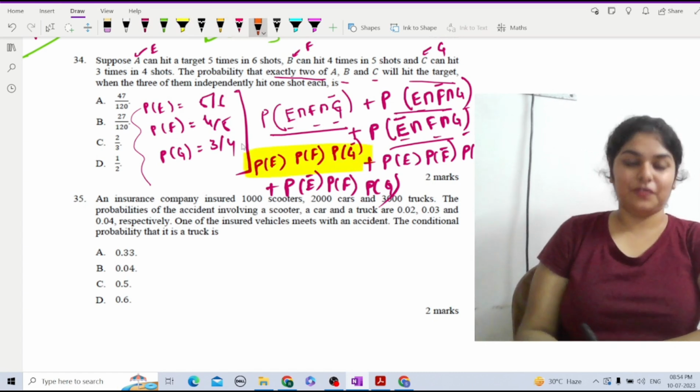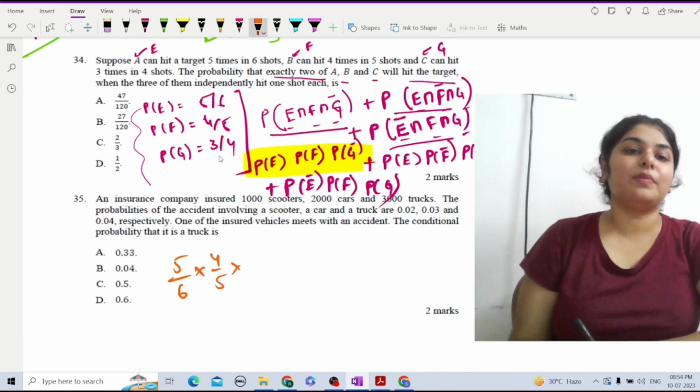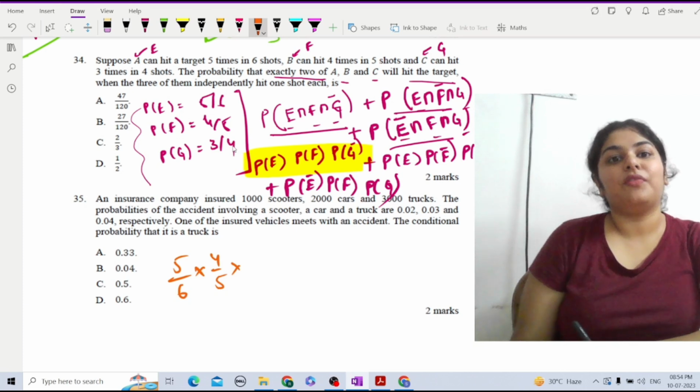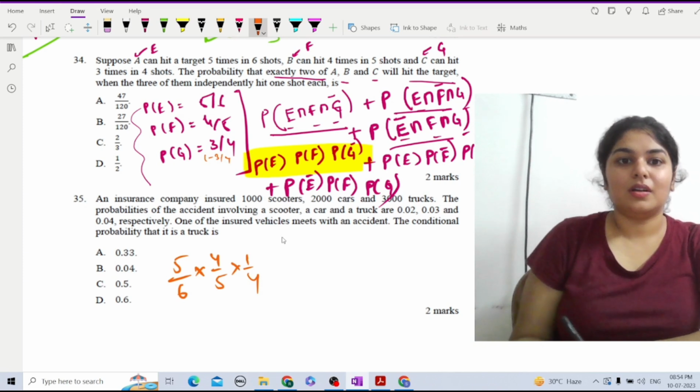Okay, now let us write down the probabilities for this first part. They are, probability of E is 5 by 6 into probability of F is 4 by 5 into G complement is 1 minus 3 by 4, right? G complement is 1 minus 3 by 4, that is 1 by 4. Done.